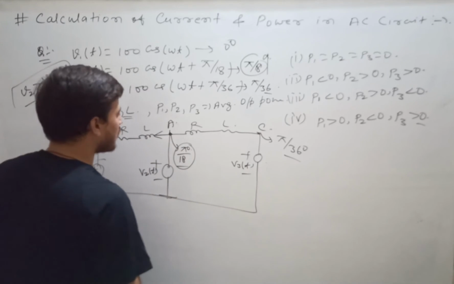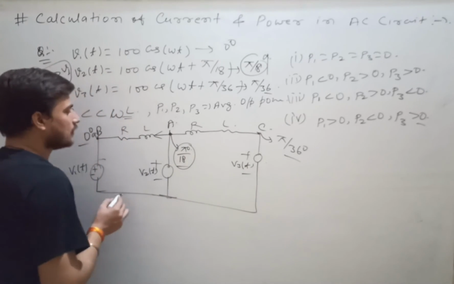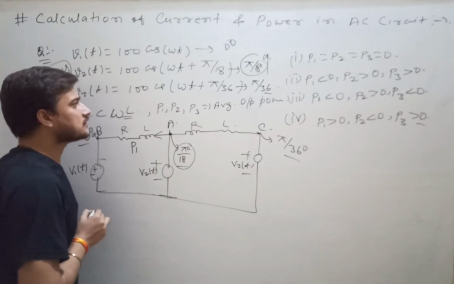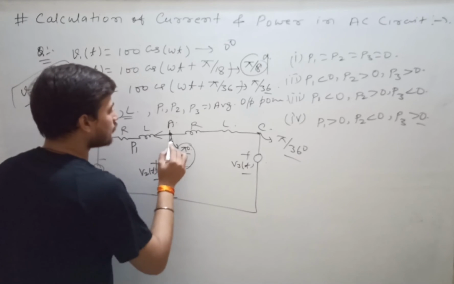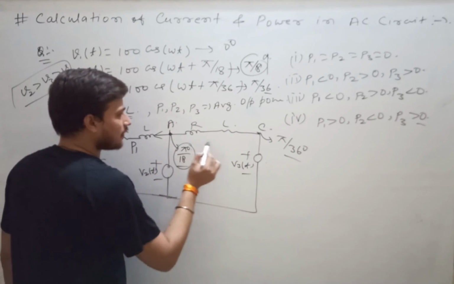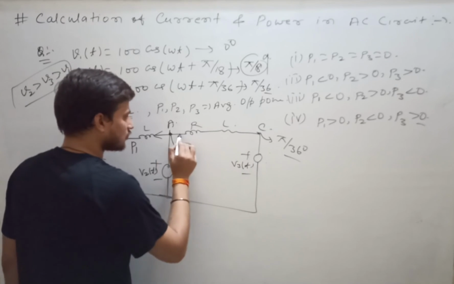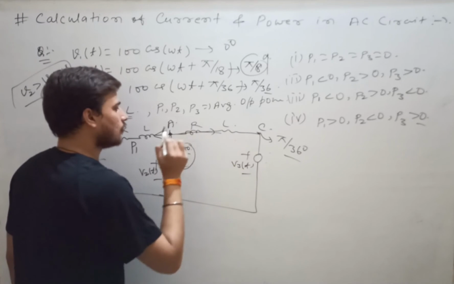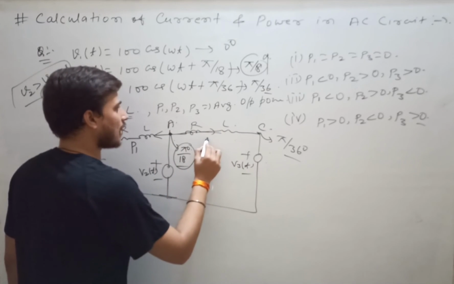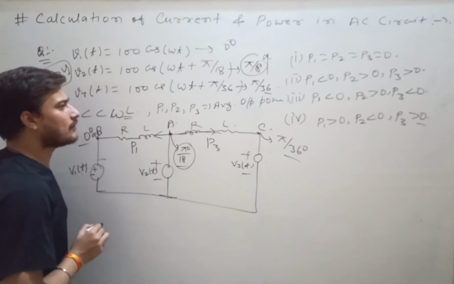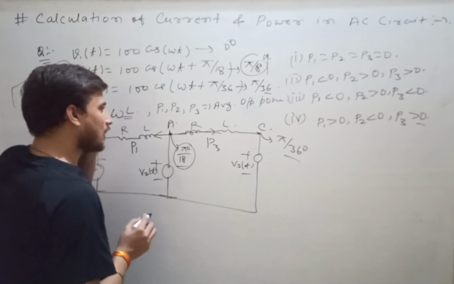So here the power is P1. Next, here the phase angle is π/18 and π/36, so here also power will flow from higher phase angle to lower phase angle. So this will be the direction of power P3. Clear? And what about P2?